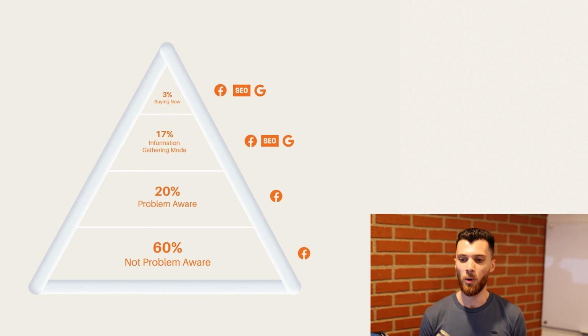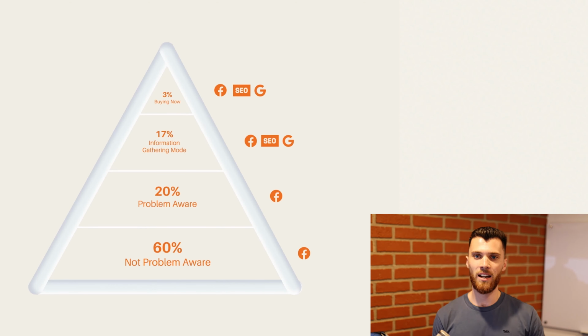Okay, so when you're in the problem aware stage, you're still not necessarily trying to go really hard on a sale. You might not be just saying, hey, buy my stuff right now, because they've only just become problem aware. There's no real urgency on them doing things most of the time. So it's about giving them more information that's going to help them make a better decision. Social media is a great platform for this because you can target these people without them having to actively search.